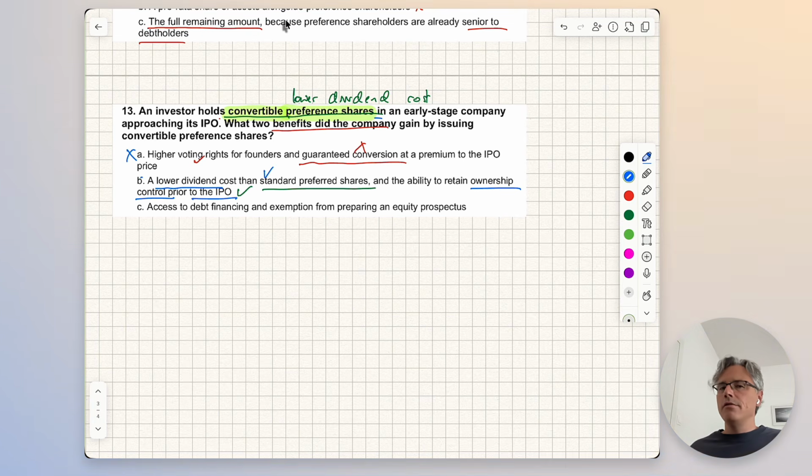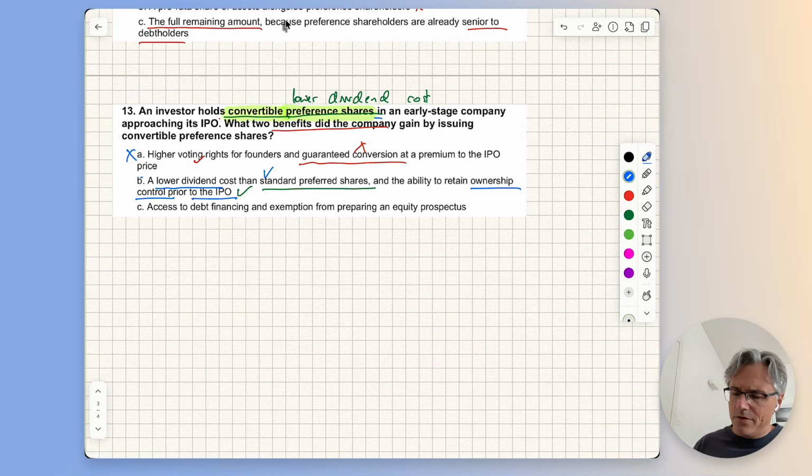So the existing owners are more or less free to do what they want. They retain operational control. And additional capital has been sourced via preferred shares at a lower cost than would be the case if it was just pure preferred shares. These are convertible, so the cost is lower. The promised dividend is lower.